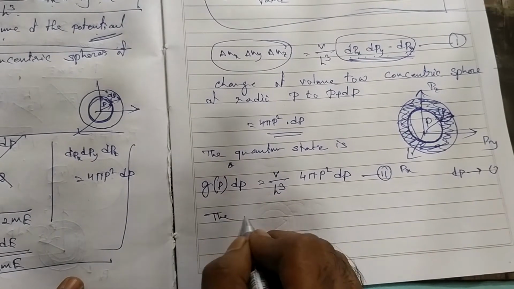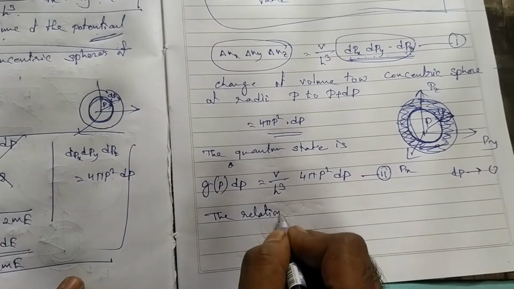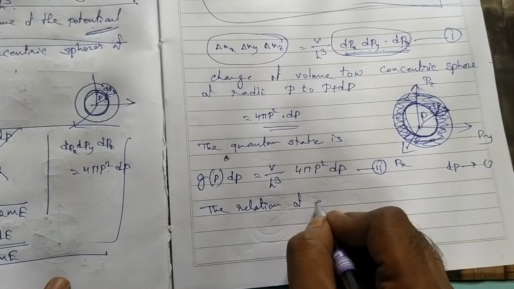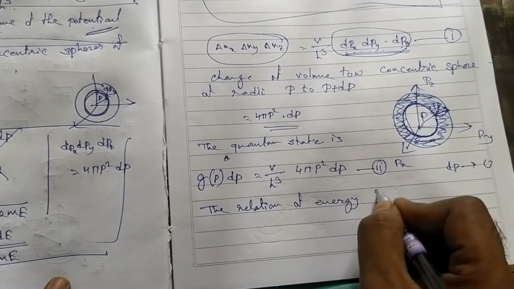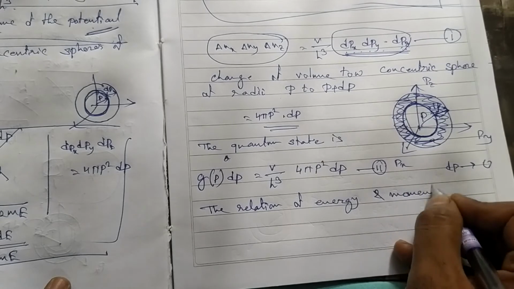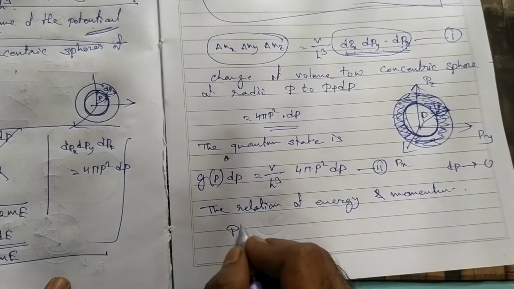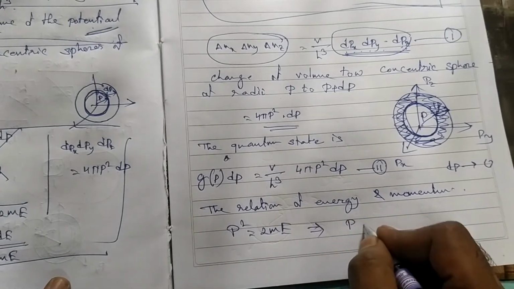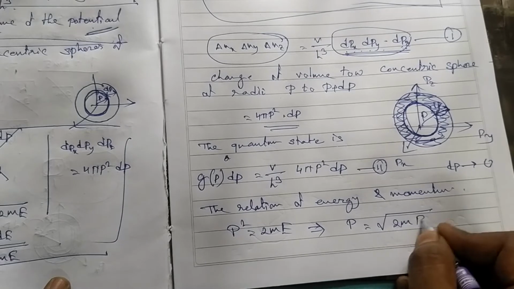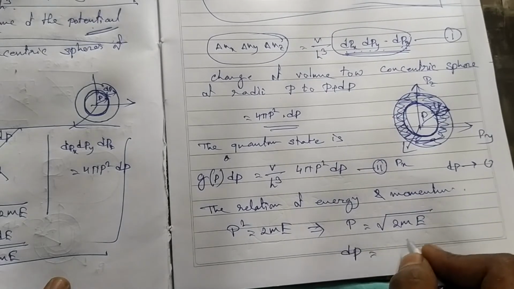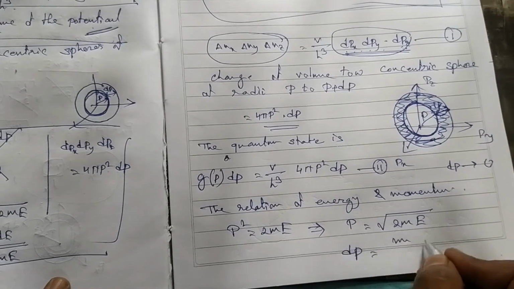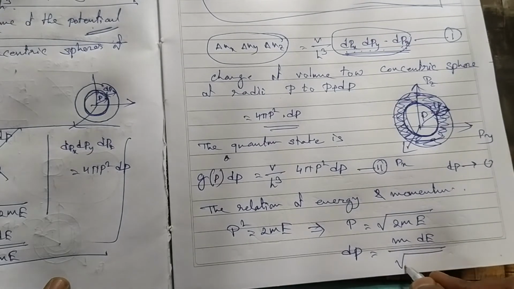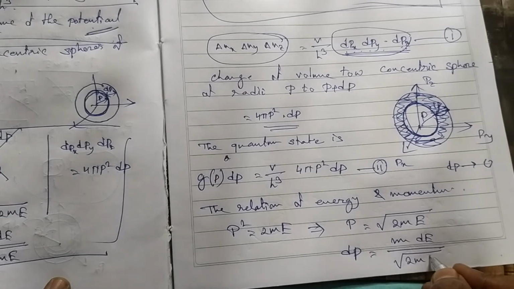So the relation of energy and momentum is E equal to p square by 2m. p is equal to root under 2mE and dp is equal to m dE by root under 2mE.